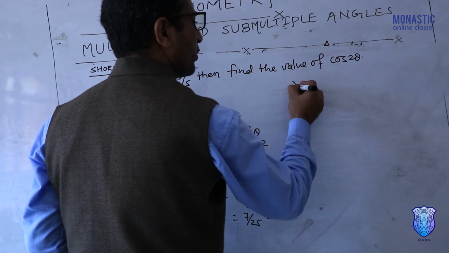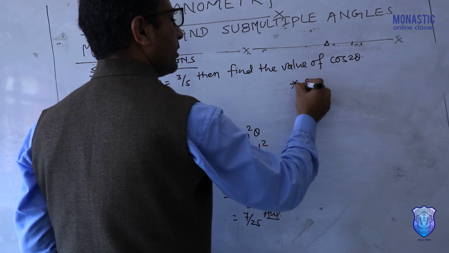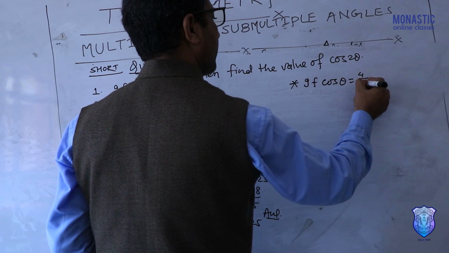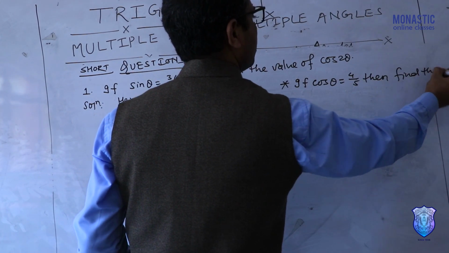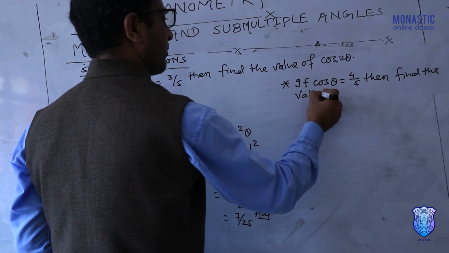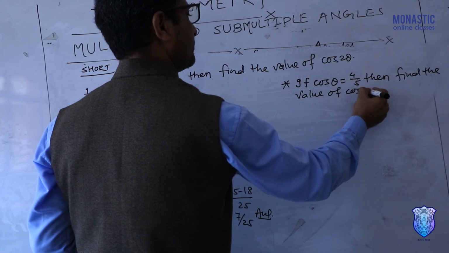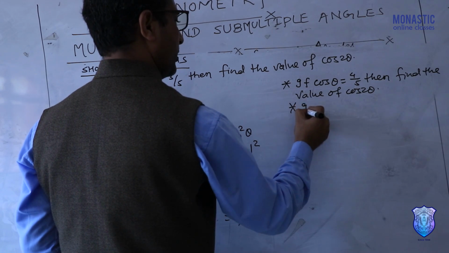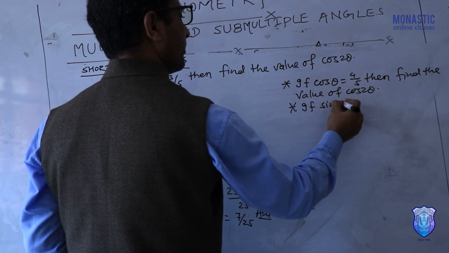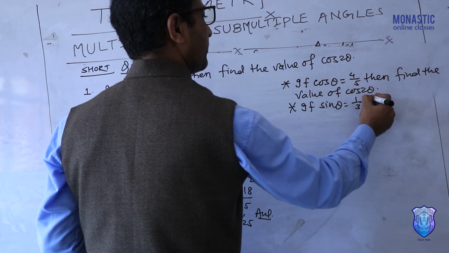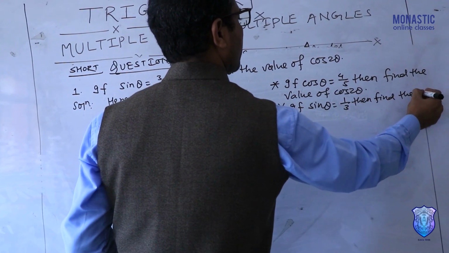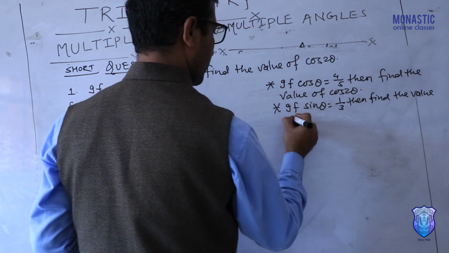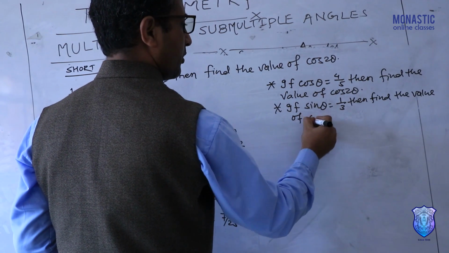Then you can do question like that. If cos theta equal 4 by 5, then find the value of cos 2 theta. If sine theta equal 1 by 3, then find the value of cos 2 theta.